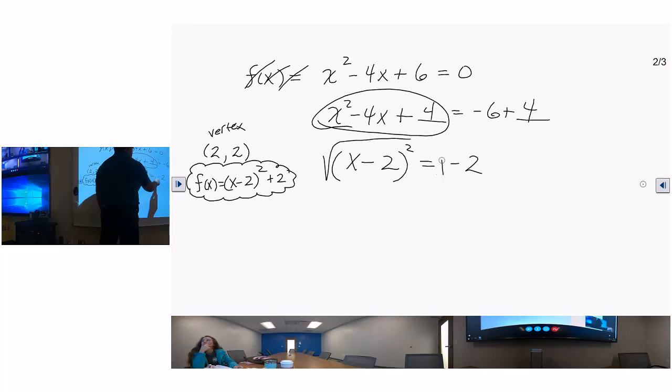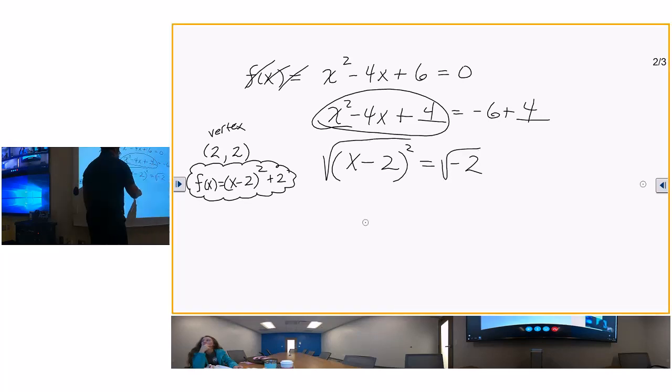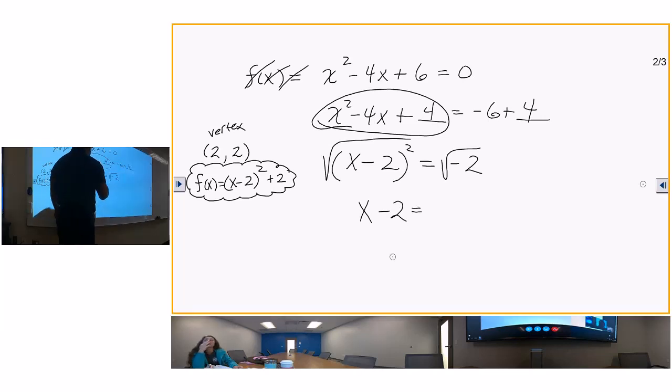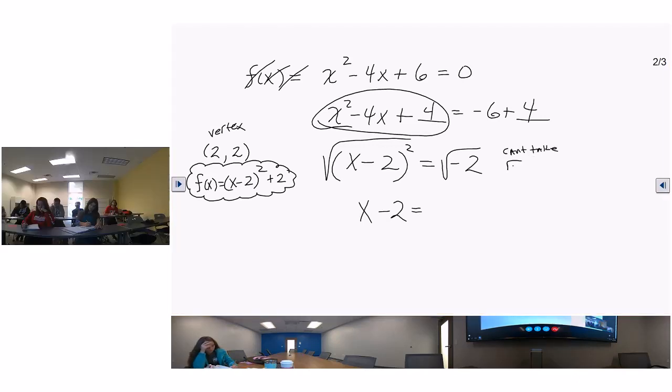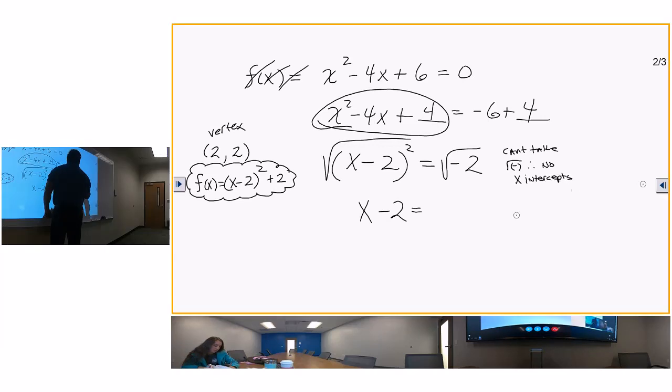Take the square root. Uh-oh, what's the problem? Can't take the square root of a negative, Hubert. So that tells us we can't take the square root of a negative, therefore no x-intercept, Hubert.